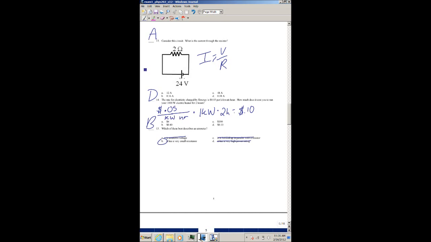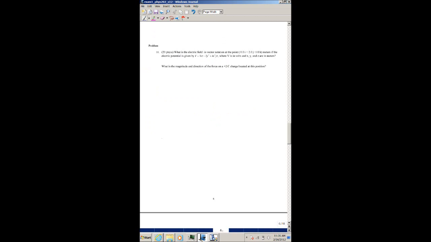Alright, so what is the electric field in vector notation at that point? First, you had to take the partial derivative of V with respect to X, Y, and Z. So EX is negative del V del X. That's negative 3Z plus 8X squared YZ.